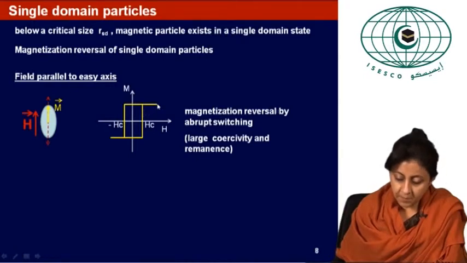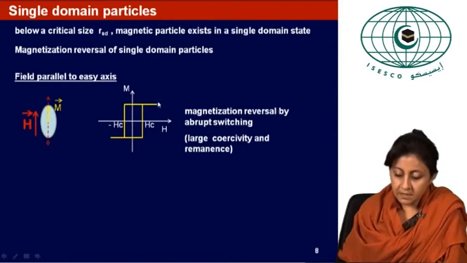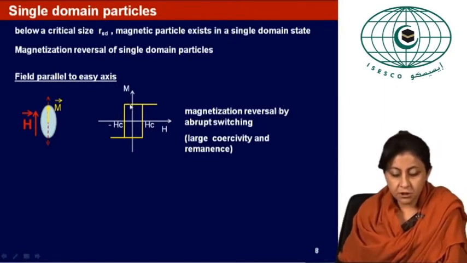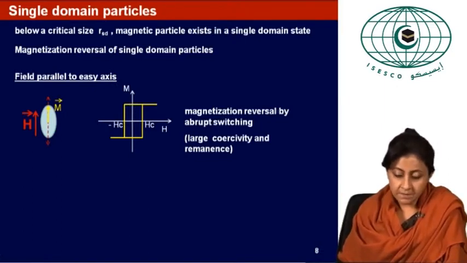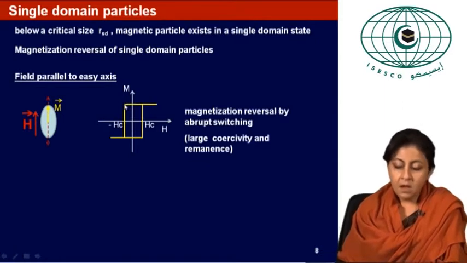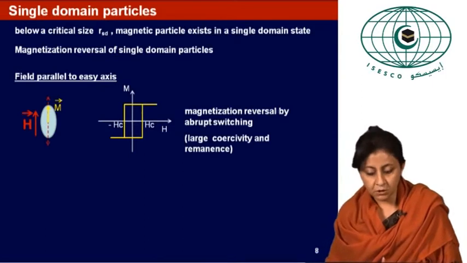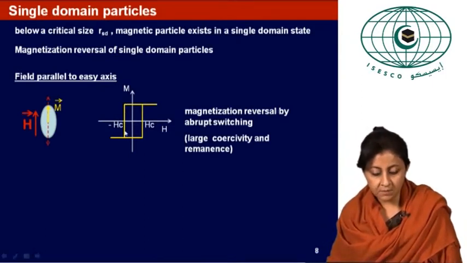Suppose I have a particle magnetized along the positive field direction. There is a saturation magnetization. I make the field negative, but the magnetization does not change its direction. It remains fixed. This is because the anisotropy energy is preventing the magnetization from changing its direction until I come to a field which is large enough to overcome the anisotropy energy, and the magnetization then switches abruptly to the negative field direction.